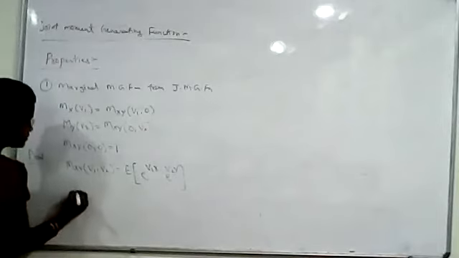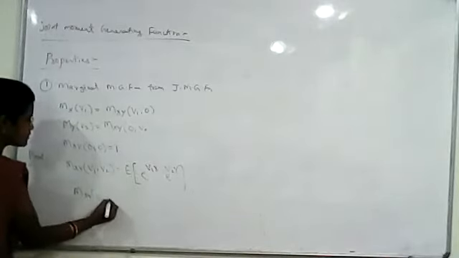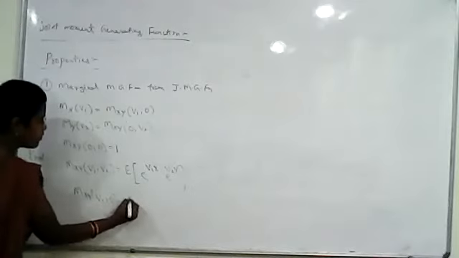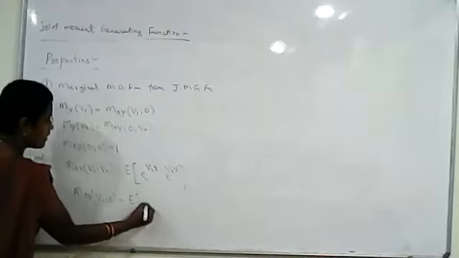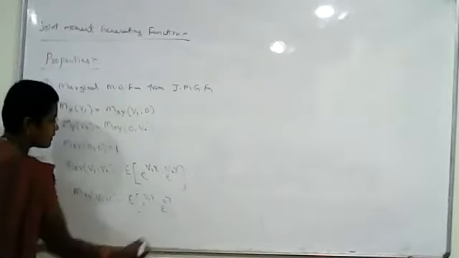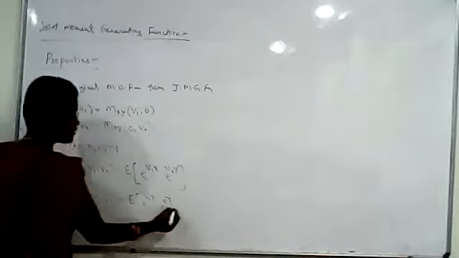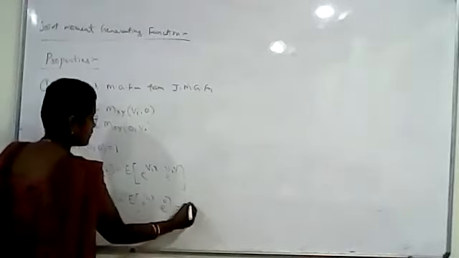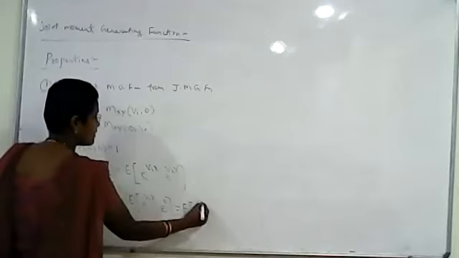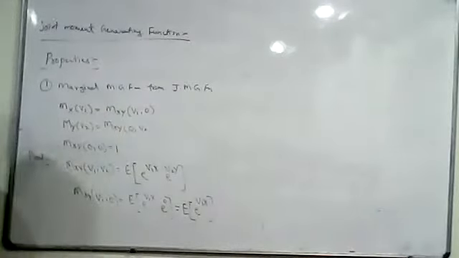Now substitute v2 is equal to 0. Since v2 is 0, we will be getting e power 0 here, and you know that e power 0 is 1. So we will be having e power v1 X.